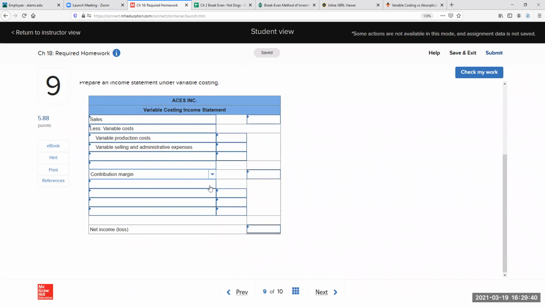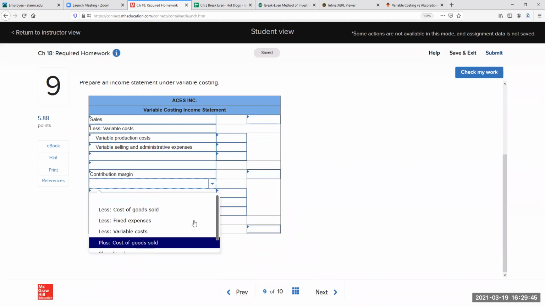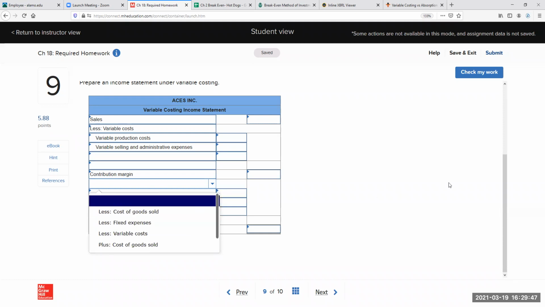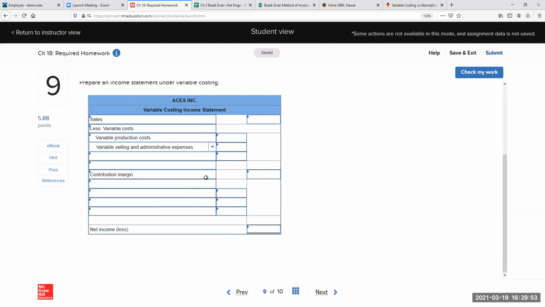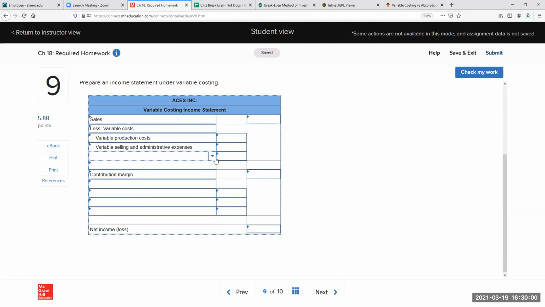Contribution margin, and then down here, I want all my fixed cost. So sales less my variable cost. I want variable production, variable selling, equals contribution margin. Do they want total variable cost there?